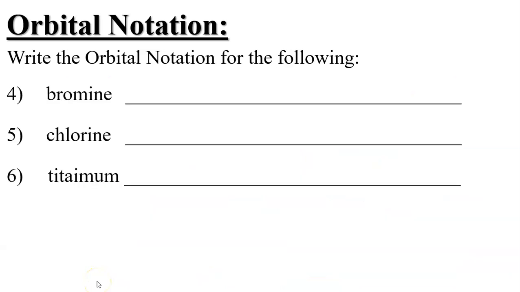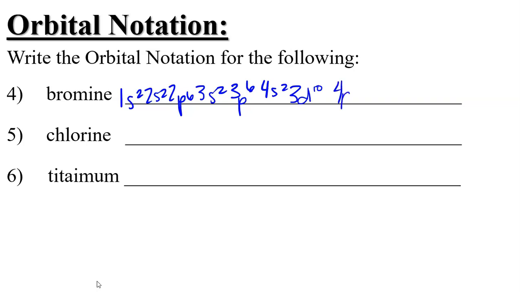Next we have bromine, which is 1s2, 2s2, 2p6, 3s2, 4s2, 3d10, and 4p5. I'm going to write its notation up here.